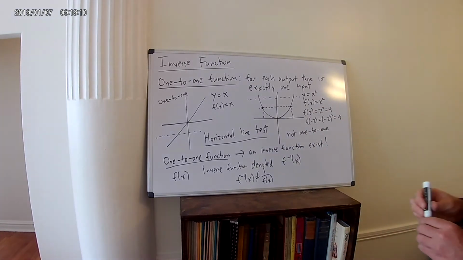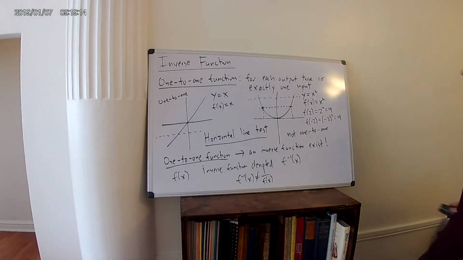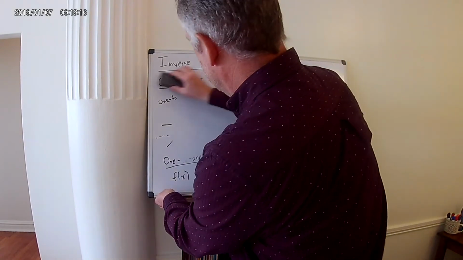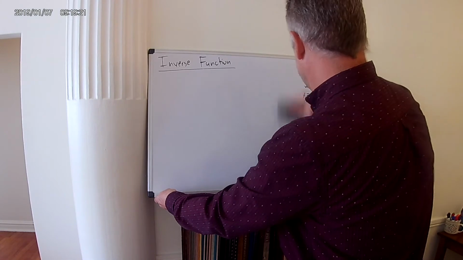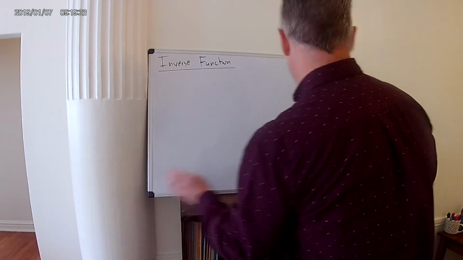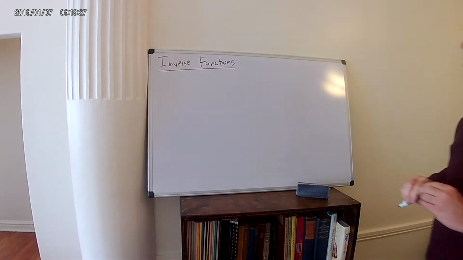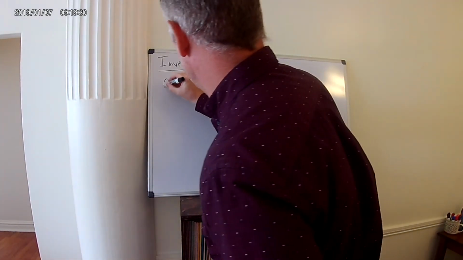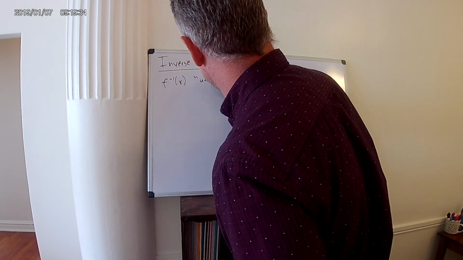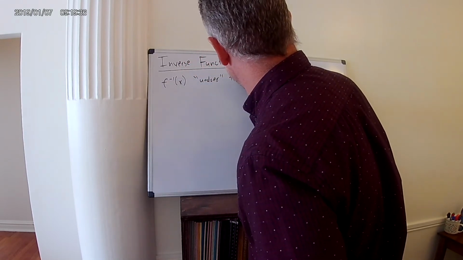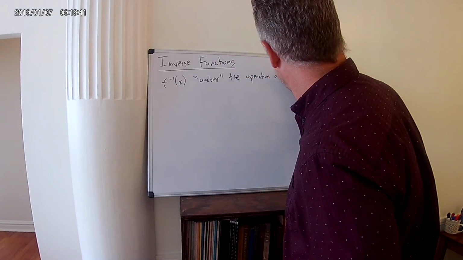Okay, let me talk a little bit about, just intuitively, what does an inverse function do? An inverse function, f to the minus 1 of x, undoes the operation of f of x.